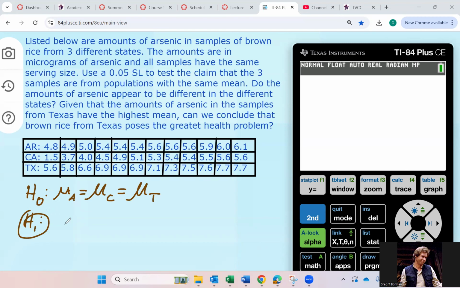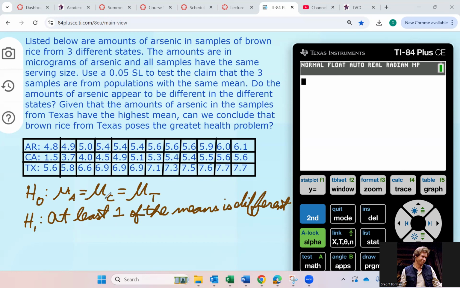Now, the alternative hypothesis is not terribly complicated, but you do have to be slightly careful. You can't just say, "Oh, well, they're not all equal." No, no, no. Basically, you would say at least one of the means listed in the null hypothesis is different.